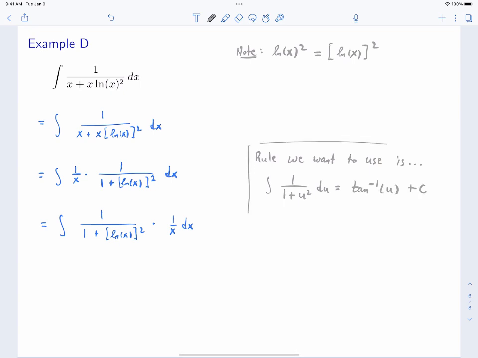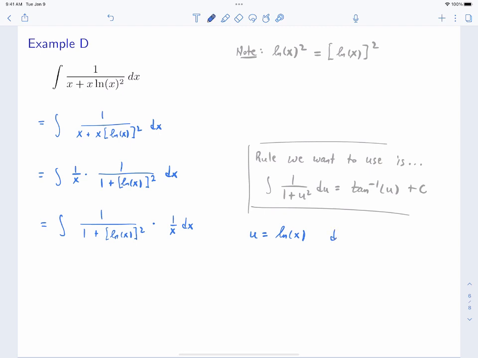Now we just need to figure out what u is in order to make this true. Well, the idea presents itself because we've got something squared right here. So we're going to let u be equal to the thing that we're squaring, which is ln of x.